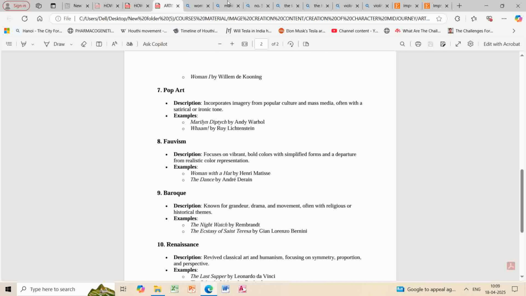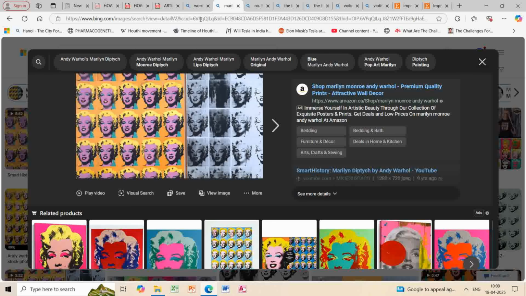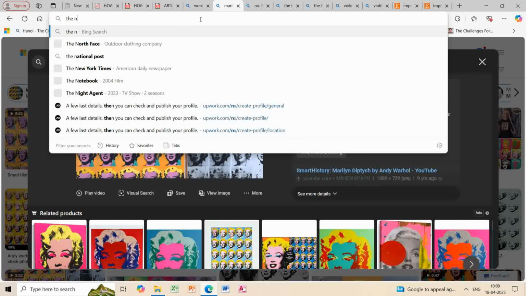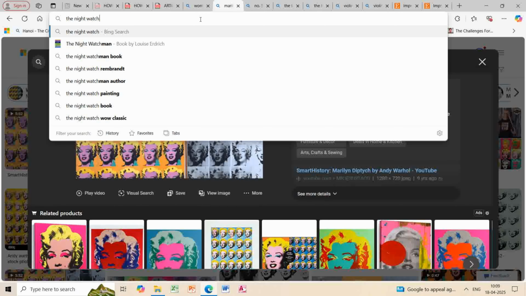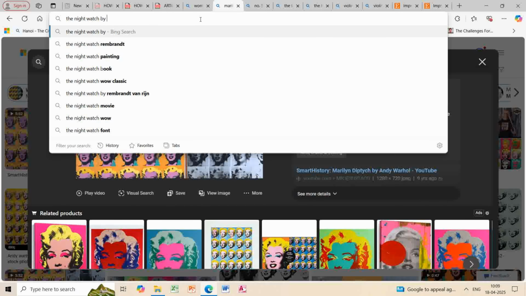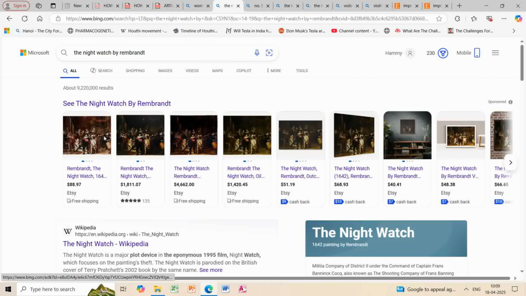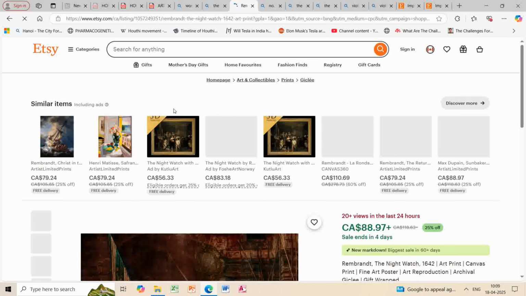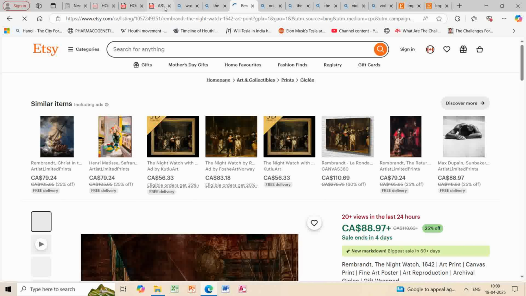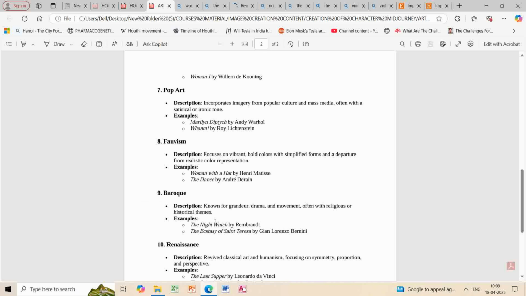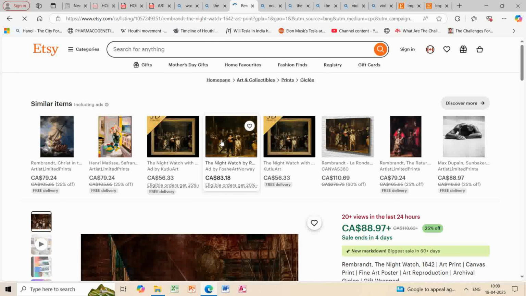So if we go here and have a look at this, you can see this is one of the examples of the Baroque artistic style: grandeur, drama, and movement.